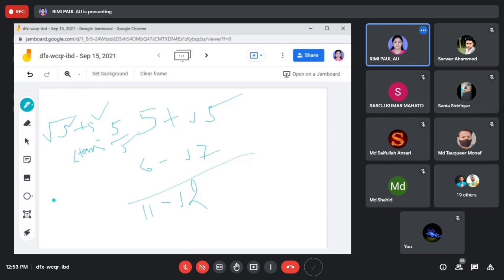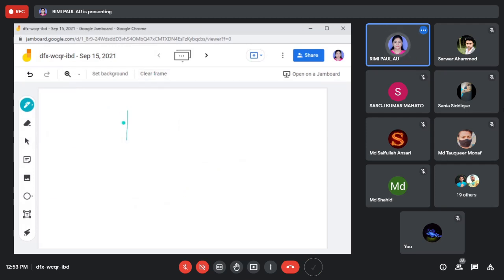So what will be the formation? Suppose A angle theta 1 by B angle theta 2. I am doing the division. So what will we do?